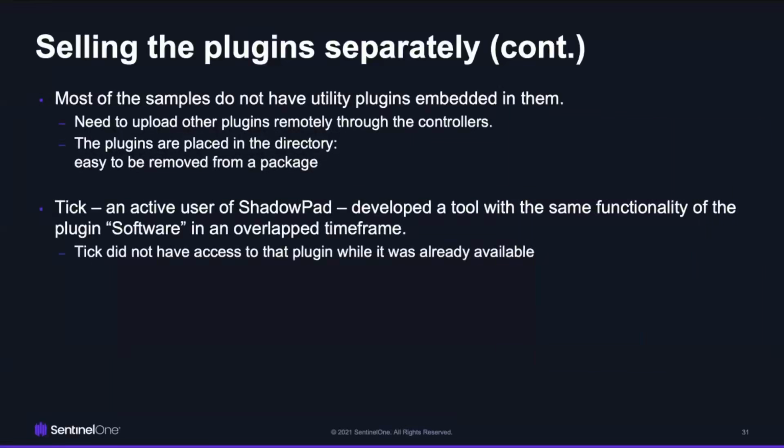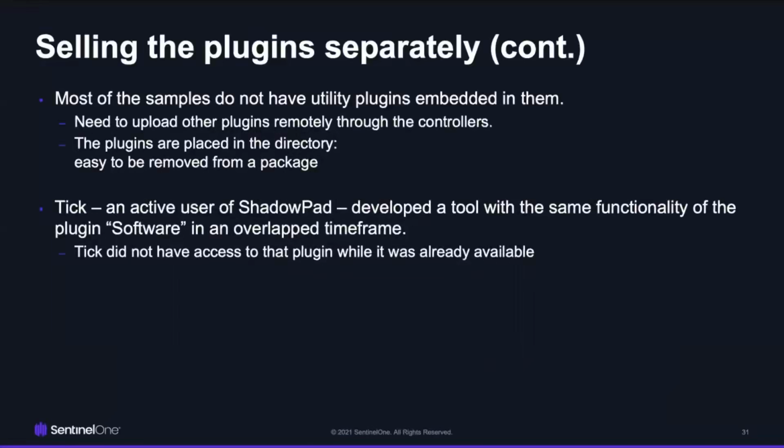Besides, we found Tick used a tool with the same functionality of a plugin called software in an overlap timeframe. Tick was one of the active users of SHADOWPAD and started to have access to SHADOWPAD from at least 2018. While they use SHADOWPAD as the main backdoor for intrusion, they sometimes still develop some small tools.